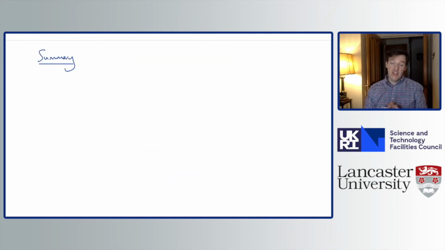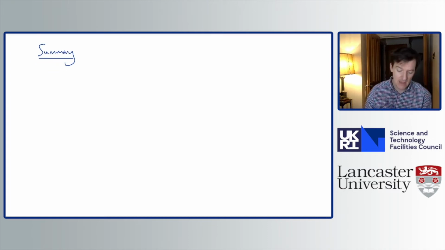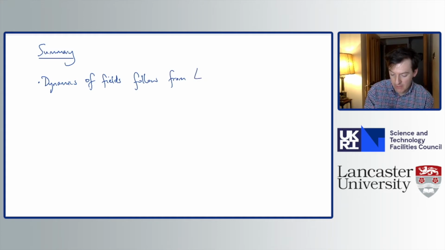That brings us to the end of this lecture, so let me summarize the key points for you. The first key point is that the dynamics of fields follow from Lagrange or Hamiltonian densities.